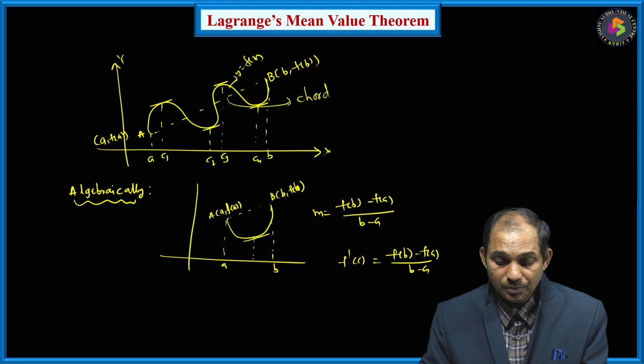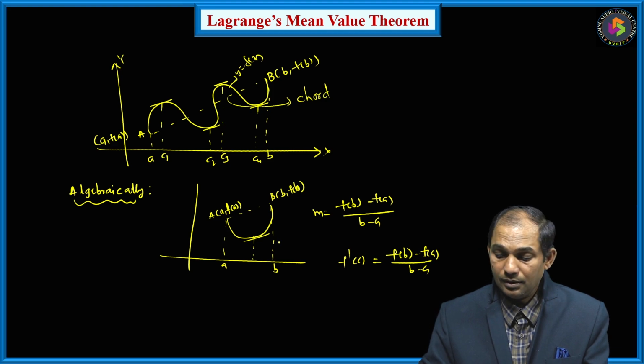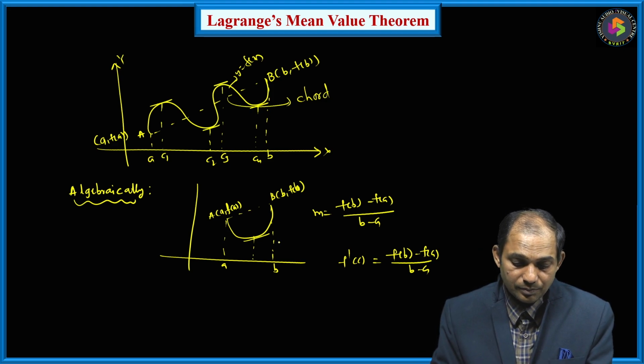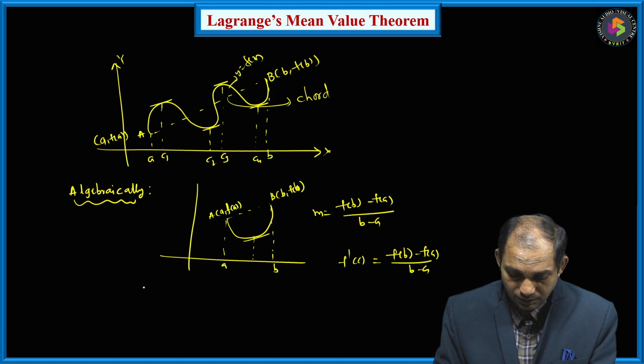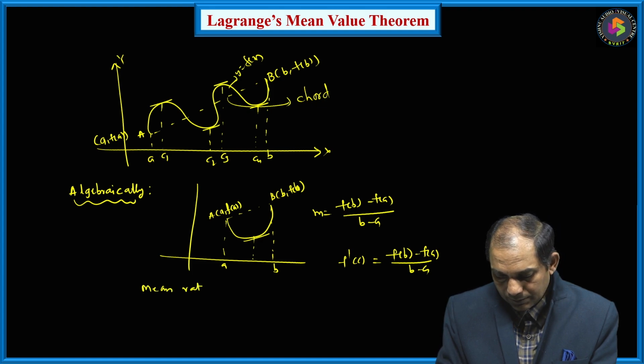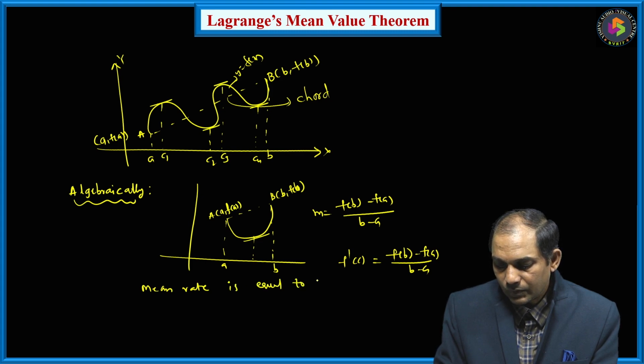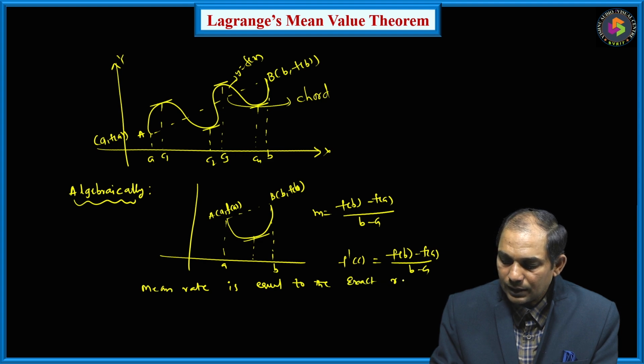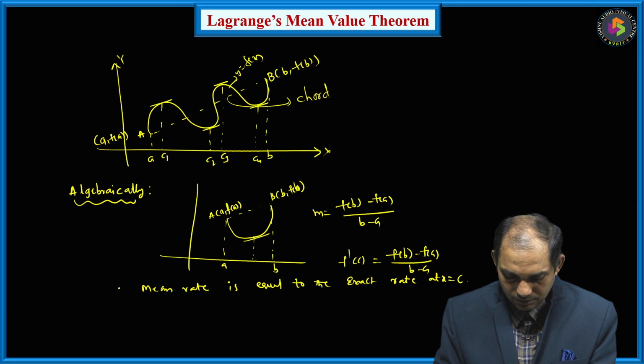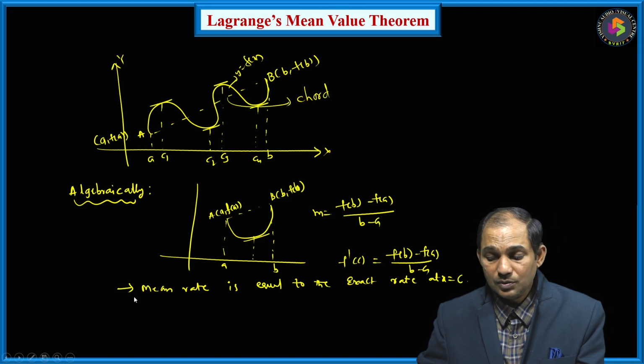That's the algebraic meaning of Lagrange's mean value theorem, right? So the mean rate is equal to the exact rate at x equal to c.